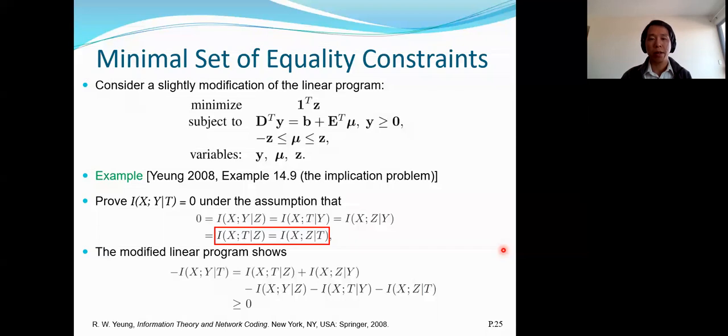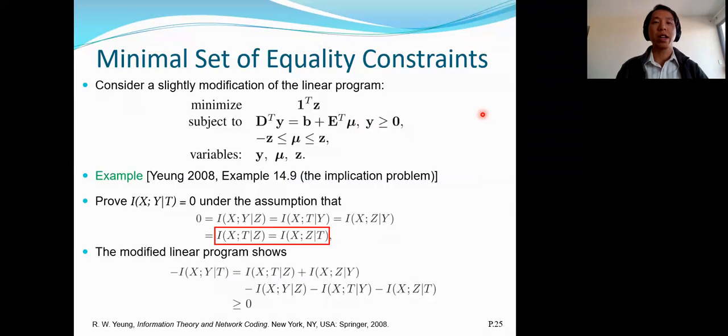Sometimes we may make some unnecessary assumptions in the problem, and this program can help us reduce the assumptions to the minimal set. Then we can have a result which requires a smaller amount of assumptions, so that it can be applied to more general cases and used in more scenarios. So this is why we are interested to know the minimal set.